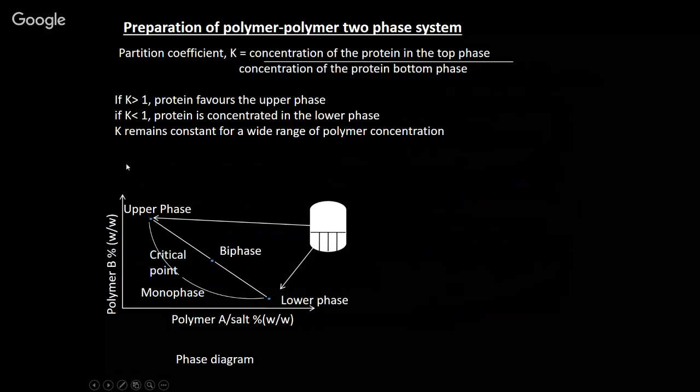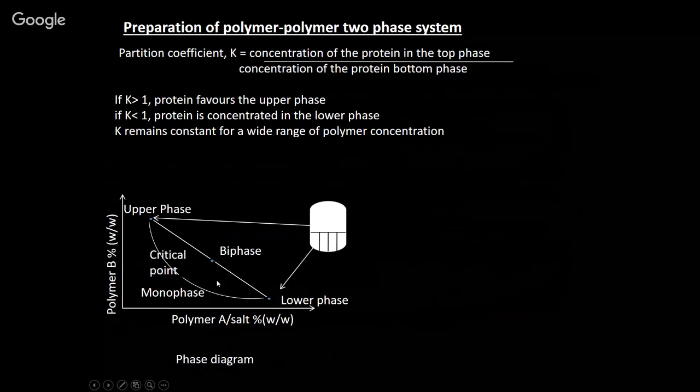And this is a very interesting diagram for the aqueous two-phase system. This is a phase diagram, and this is called the tie line. On the x-axis we may have polymer A and on the y-axis polymer B, or on the x-axis we may have salt and on the y-axis polymer, weight per weight. Generally this line separates the monophase from the biphase.